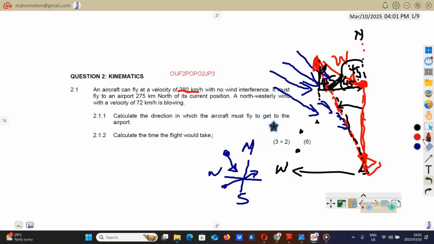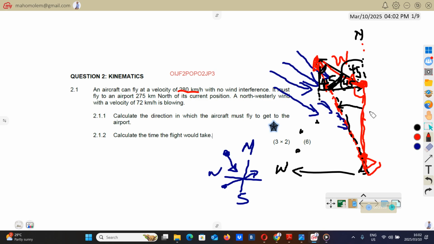So this angle that I'm talking about here is this one from here to there. That angle is 45. Therefore, since this line is horizontal and this one is vertical, the angle here is going to be 90 degrees.